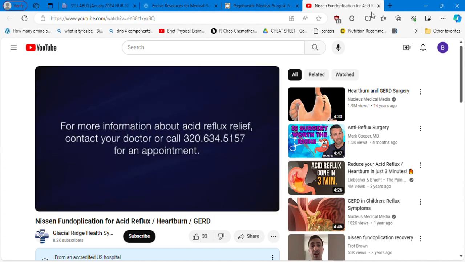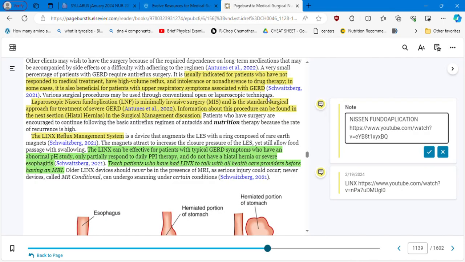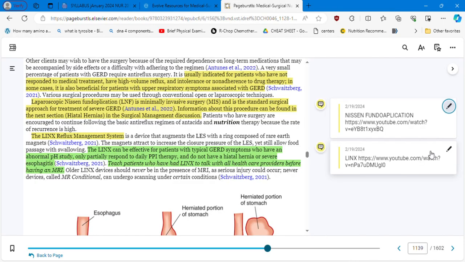Okay, please understand that they are not cutting. There is not a resection. There is no cutting between the esophagus and the stomach for the Nissen fundoplication.